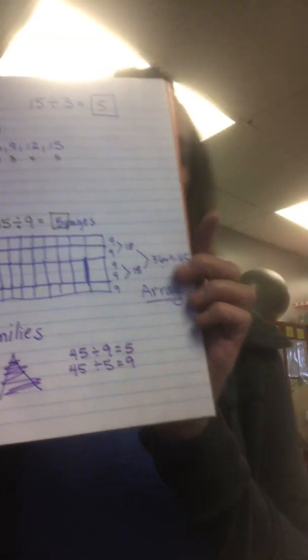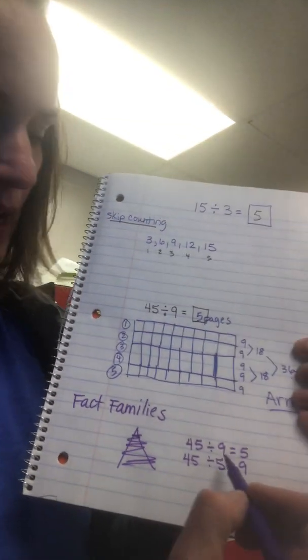I'm looking for a different colored pen. Remember with fact families how we looked at the triangles that were missing a number? So we have 45 divided by 9 equals 5. Then we have 45 divided by 5 equals 9. Okay, now we could also fill in our multiplication, right?